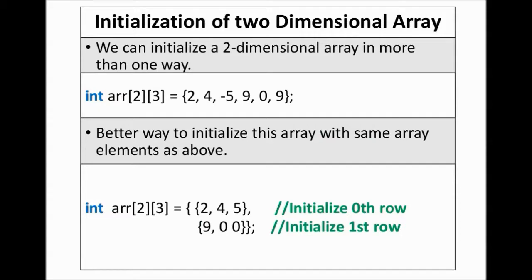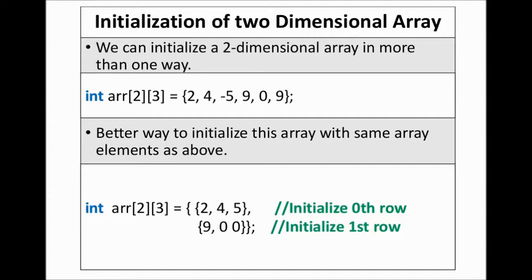How to initialize a two-dimensional array? We can initialize a two-dimensional array in more than one way. For example, if we have an array with number of rows 2 and number of columns 3, and we want to enter data in this array, we write int a[2][3] = {2, 4, -5, 9, 0, 9}.